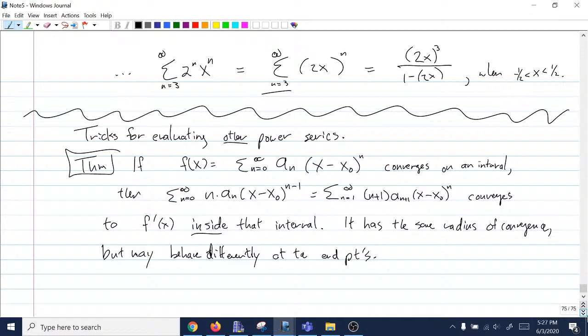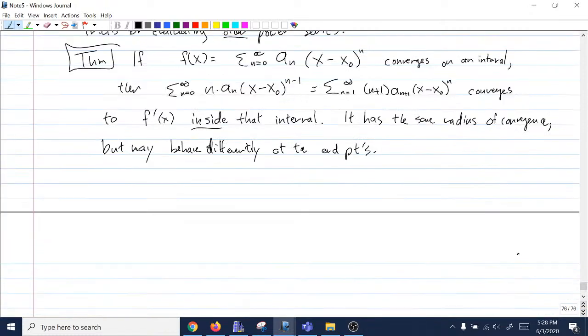To take the derivative of the right-hand side, it's enough to take the derivative piece by piece, except possibly at the endpoints. This thing will converge to the correct thing on the inside of the interval. At the endpoints, it might not converge anymore, or it might start converging. The endpoints might change. It's also not going to start converging outside the interval. The radius is staying the same. I'm not going to try and justify why this theorem is true.